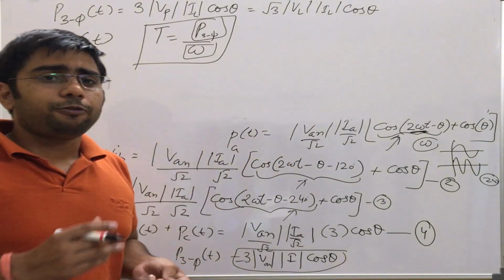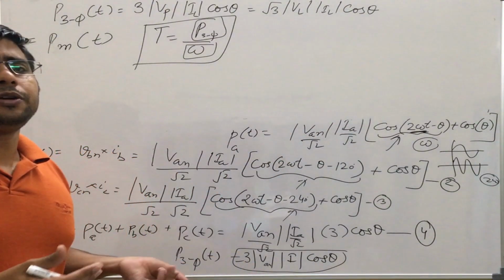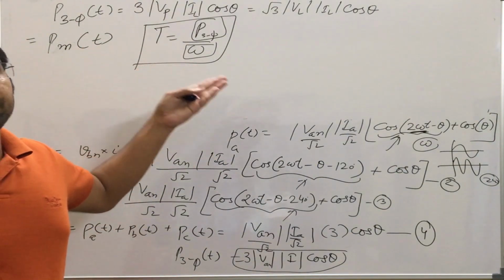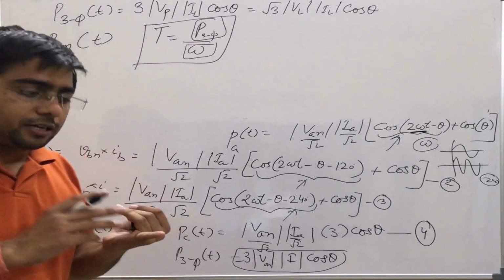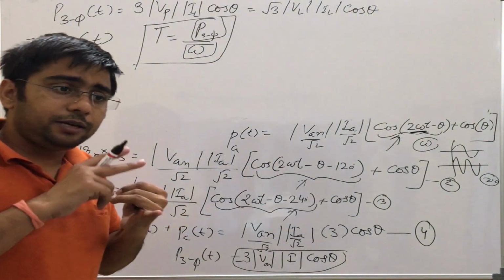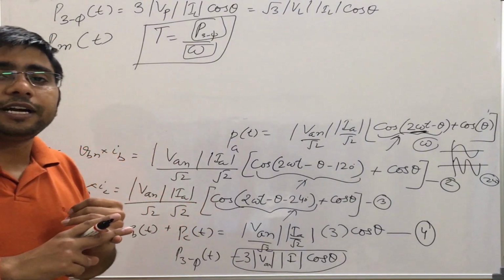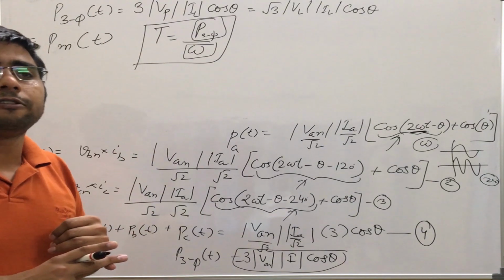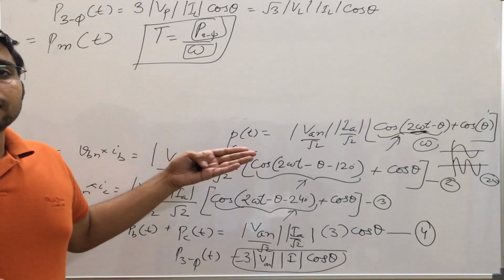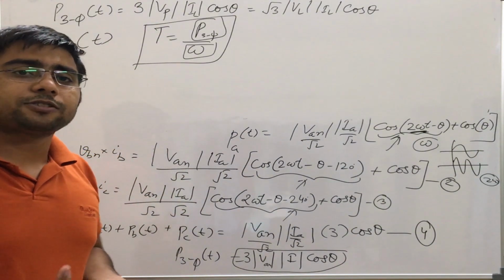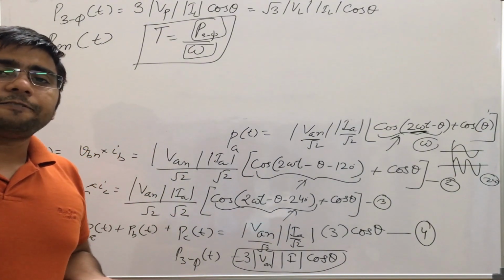That's why for higher ratings, we usually use 3-phase machines instead of single phase machines. First, the input current will be less. Second, the power will not be pulsating. Third, it will be noiseless as compared to the single phase. These are the various advantages because of which we use a 3-phase system in place of 3 different single phase systems.